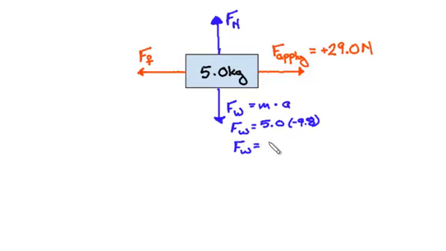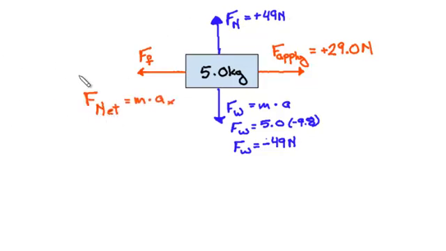When I do the math, I get negative 49 newtons. Since it's not falling towards the center of the Earth, force normal is positive 49 newtons. It is in equilibrium in the y-axis.